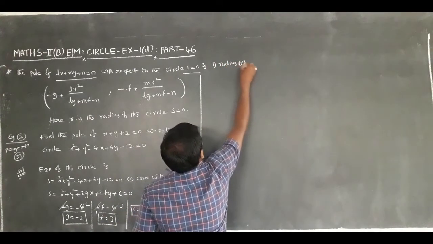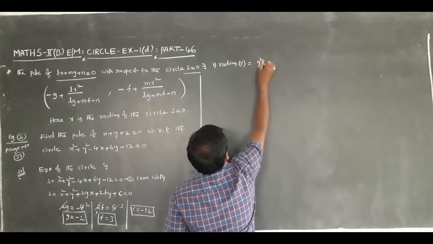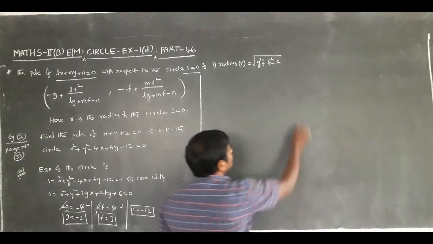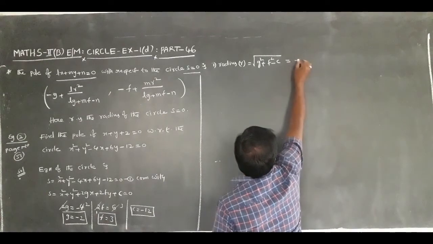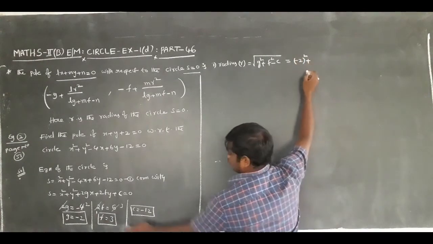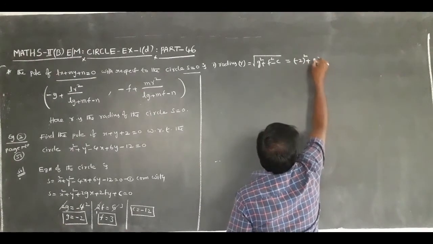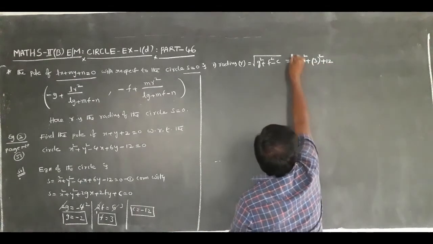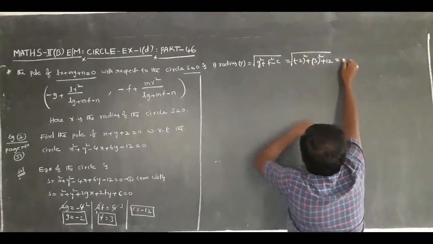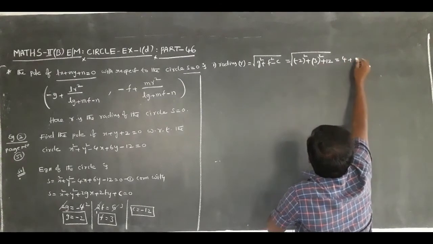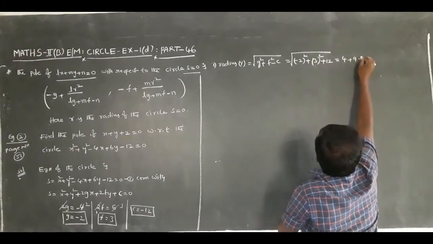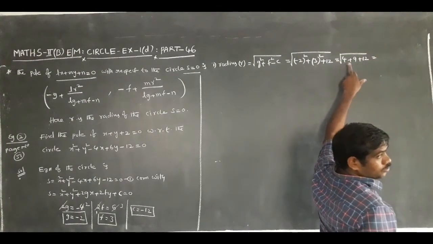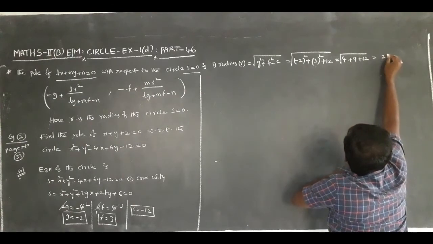Radius r equals under root of g square plus f square minus c. That is under root of (minus 2) whole square plus 3 square minus (minus 12), which is under root of 4 plus 9 plus 12, which is 25.